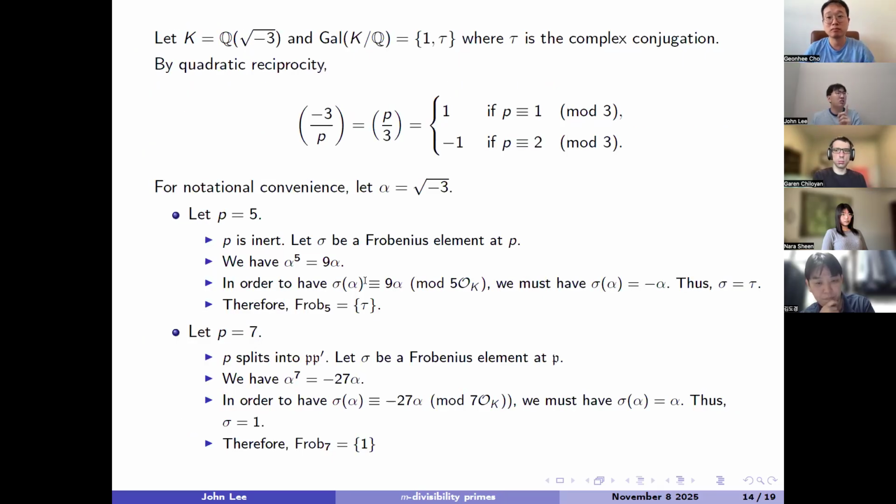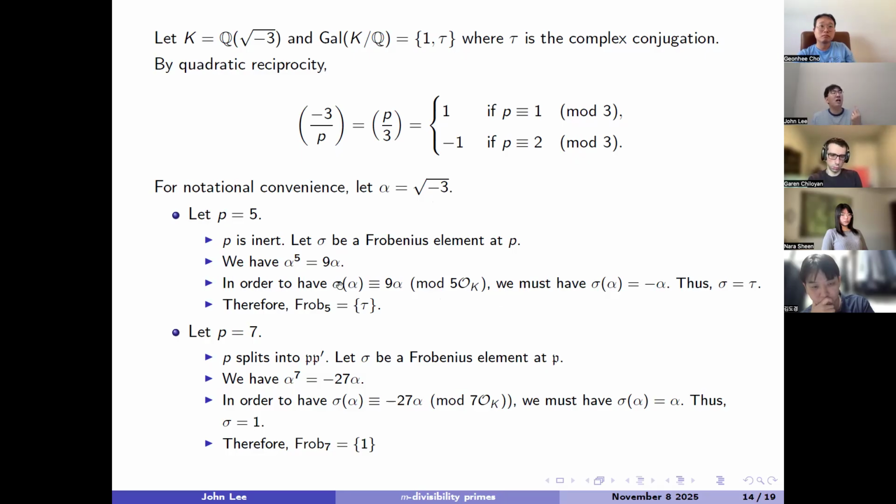I'm going to choose X to be alpha because alpha is an easy number to deal with. Then alpha to the power of 5 is alpha to the 4 times alpha. And you can see alpha squared is -3. So it becomes -3 times -3 times alpha, which is 9 alpha.